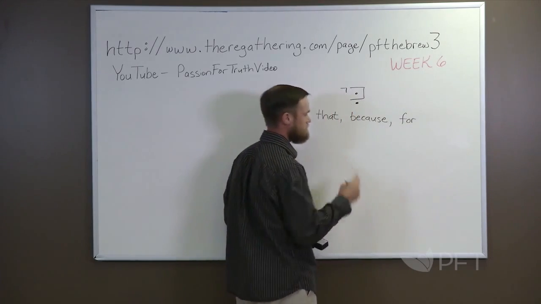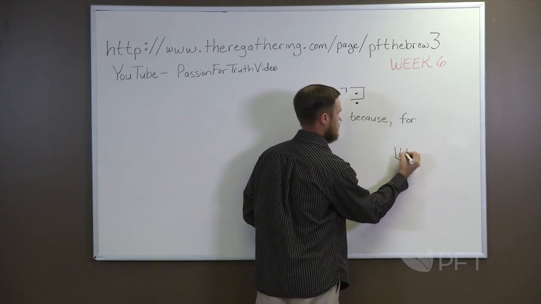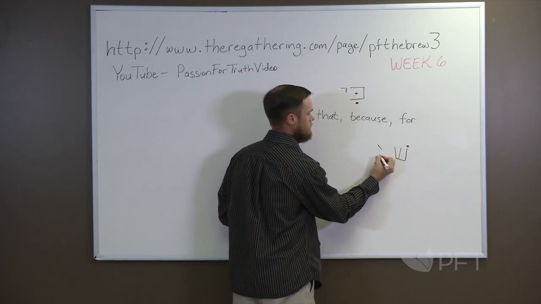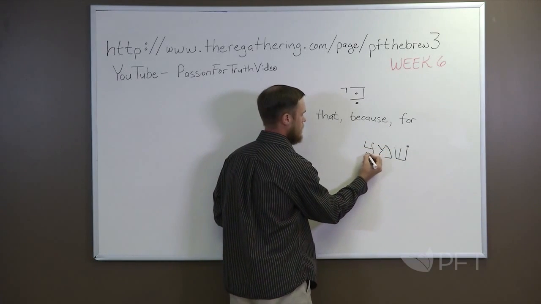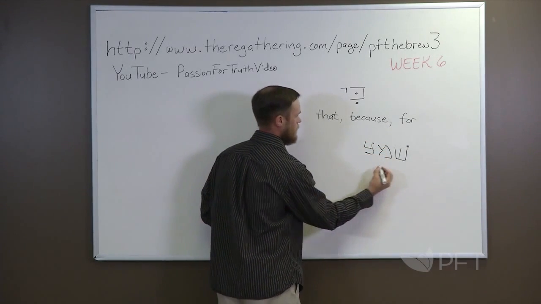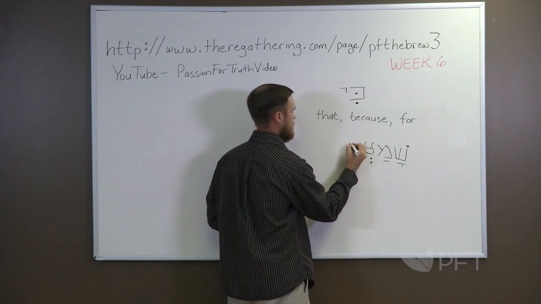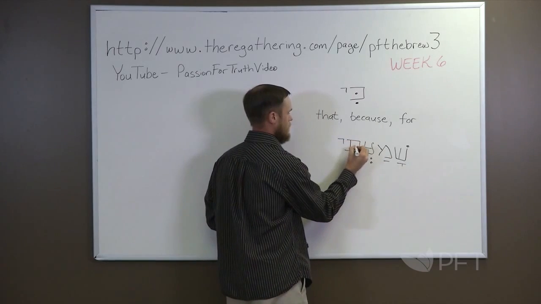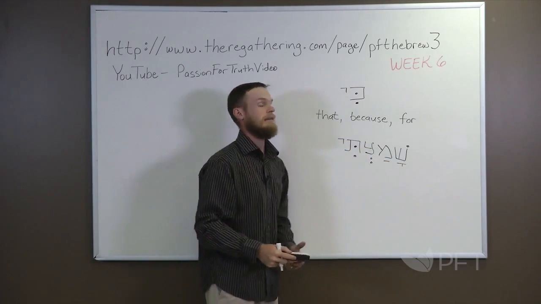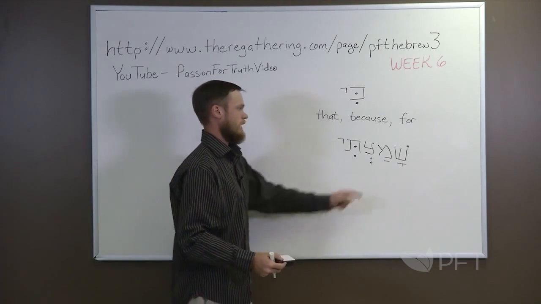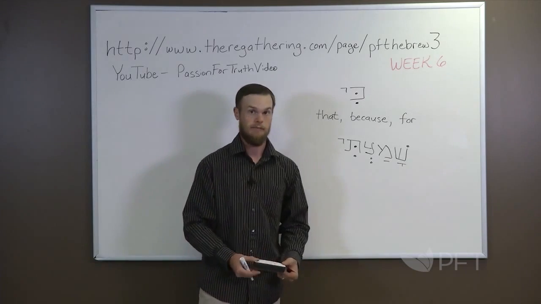If I was to say, I heard, okay, with our conjugation, we know that, right, ani shamangti, okay, shin mem ayin being our root for to hear or to listen.